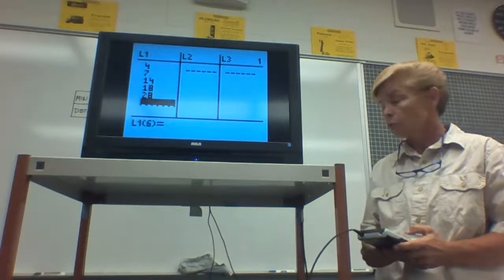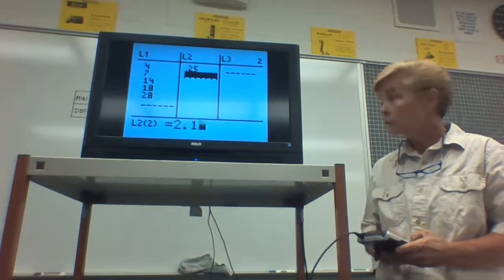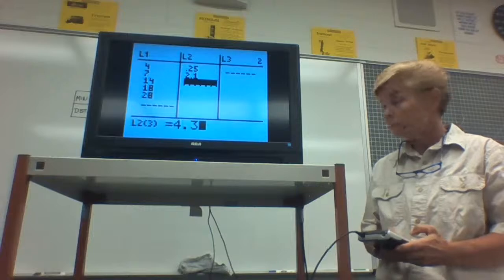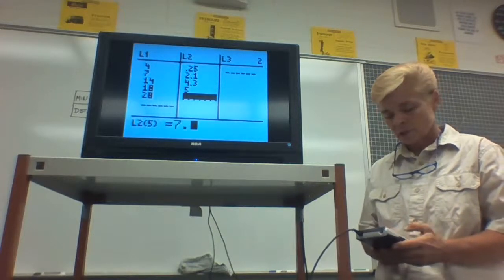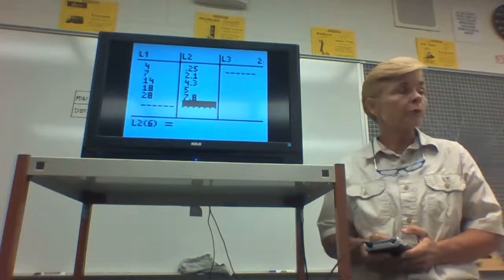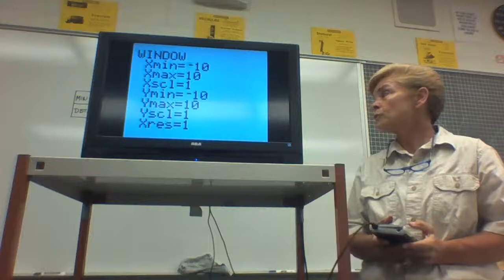And then on list 2, 0.25, 2.1, 4.3. I realize I covered that up for you. 4.3, 5.0 is just 5, and 7.8. And then what do we do next? Build a window. Where do the X's range from?